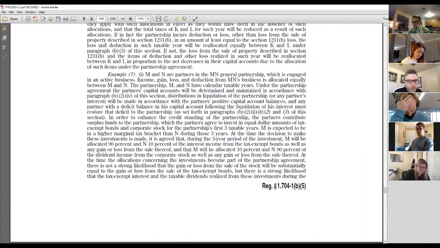So we've got M and N, partners in a partnership. The big 3 is satisfied. So the partners are going to invest in tax-exempt bonds and corporate stock.